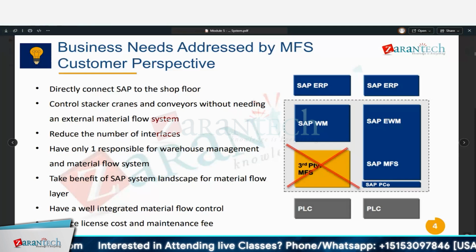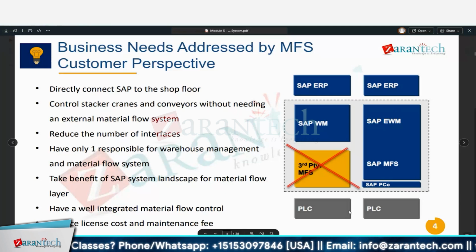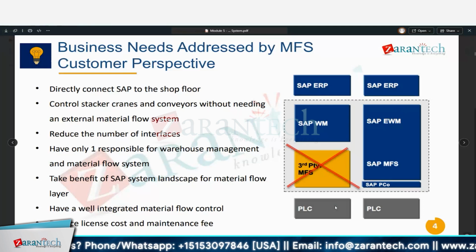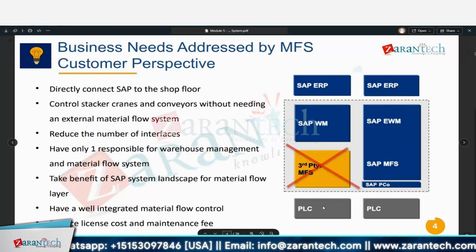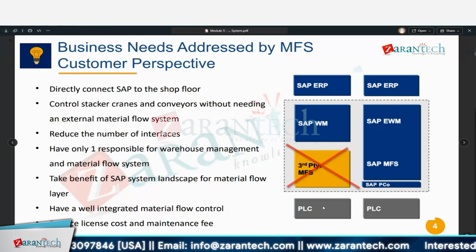And then you need an integration point, because all your logistics and warehouse related activities will be performed in SAP, and the automation would be performed by these controllers. You can consider these as robots, maybe a robotic arm, conveyor, or a vehicle which is controlled by programming logic.